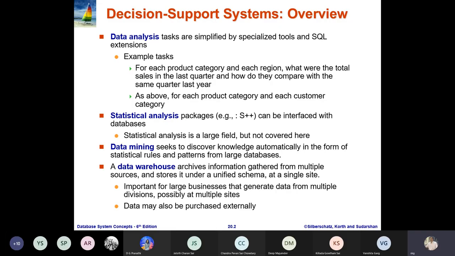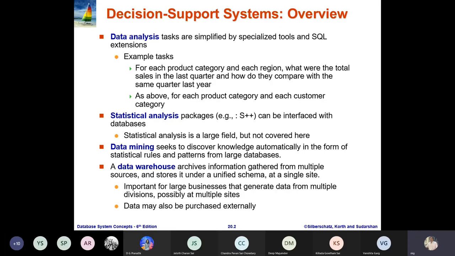Specifically, any decision support system at the ground level requires statistical analysis, and different packages like SAS or S++ can interface with the databases, right? So different statistical packages, if you have used, can have a backend database which can talk to them.